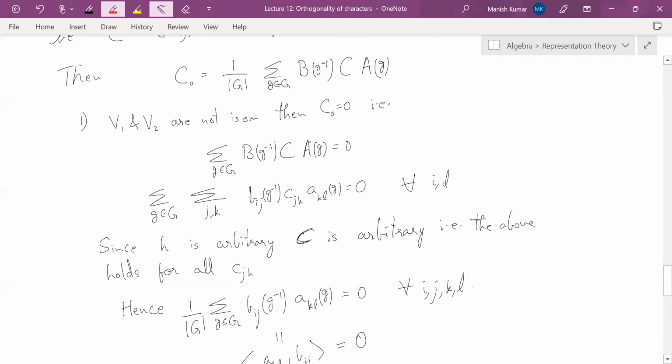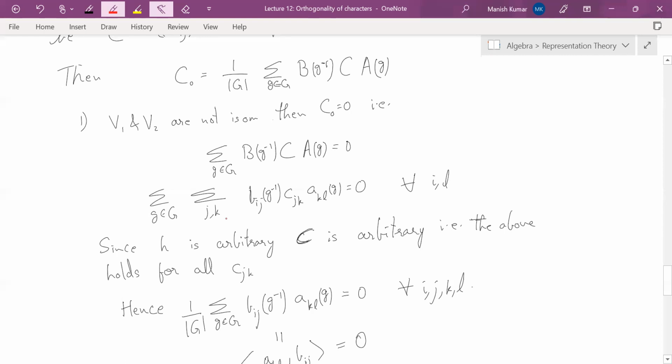So the right-hand side is 0, but if you expand it, then for each i, l-th entry of the matrix on the left-hand side is basically Bij G inverse Cjk Akl G. This is how the matrix multiplication happens, and you sum over j and k.